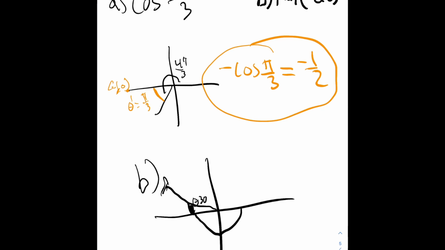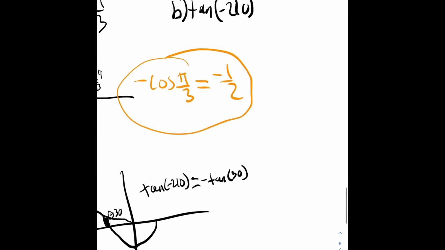So my reference angle is 30 degrees. So the tangent of negative 210 is the same thing as negative tangent of 30, which, if I think about my unit circle, at 30 degrees, I've got 1/2, square root 3 over 2.